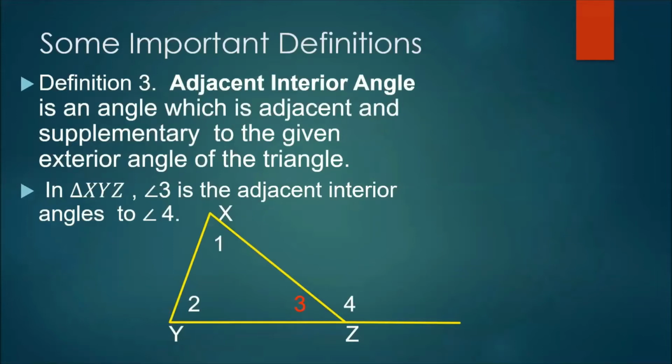Definition 3. Adjacent interior angle. An adjacent interior angle is an angle which is adjacent and supplementary to the given exterior angle of the triangle. In triangle XYZ, angle 3 is the adjacent interior angle to angle 4.